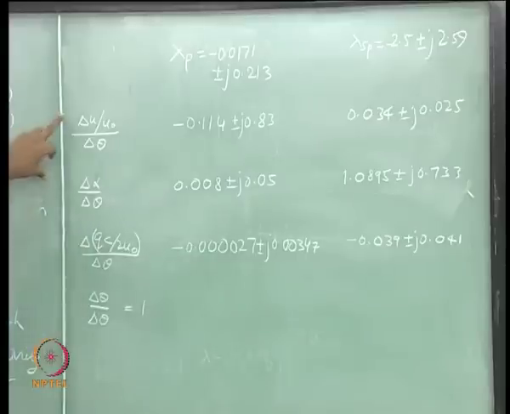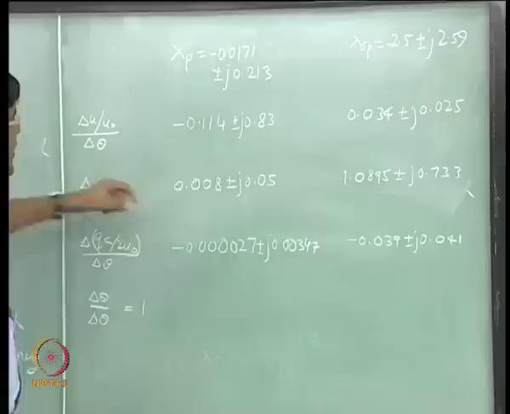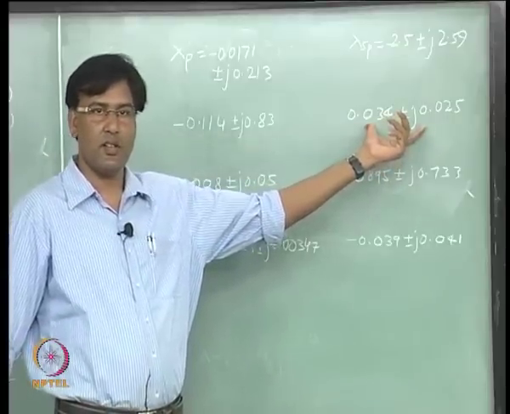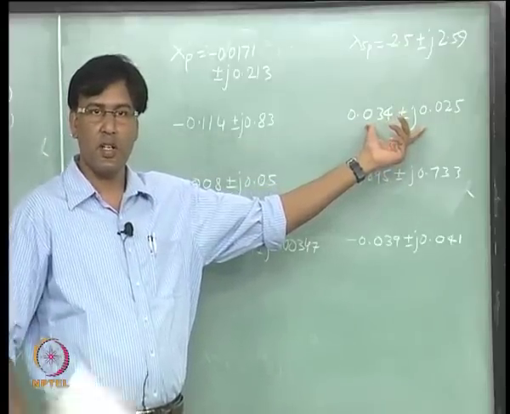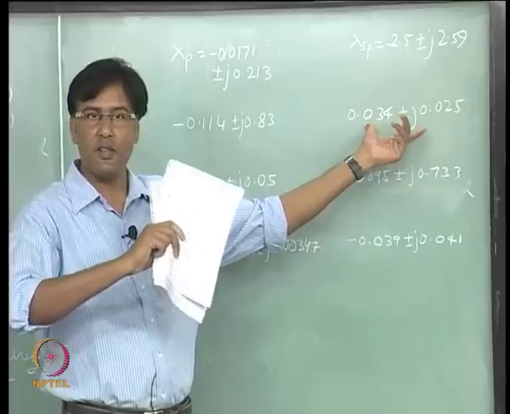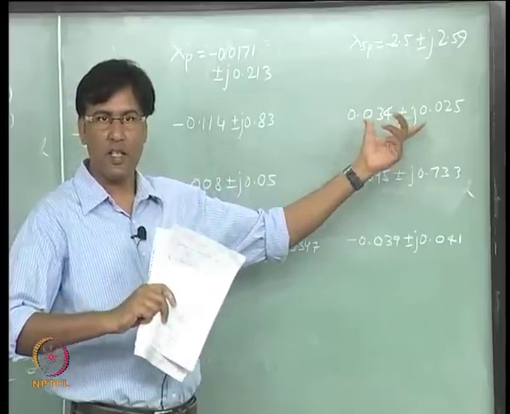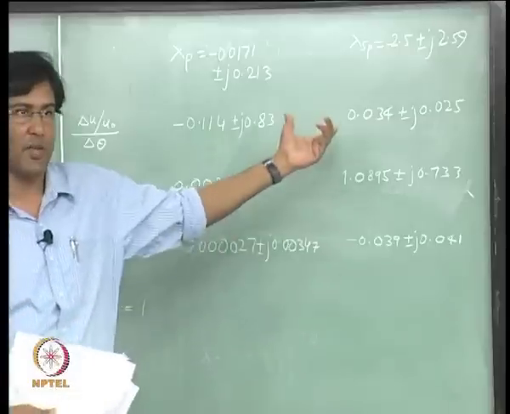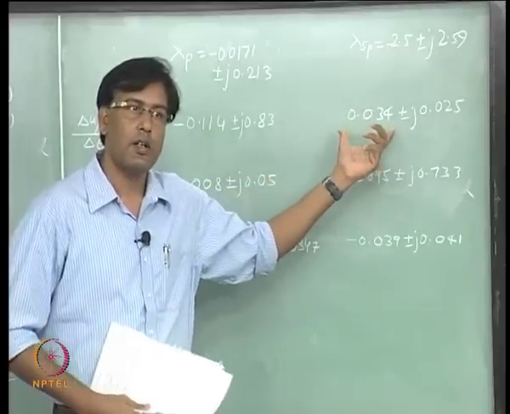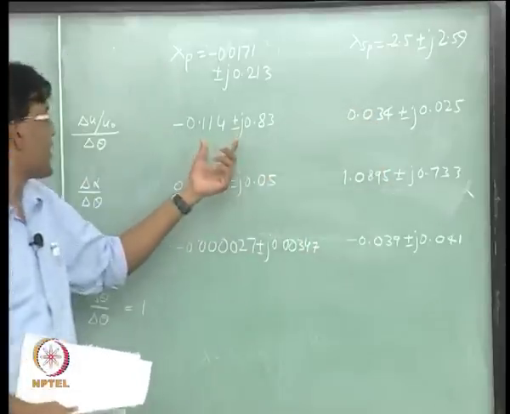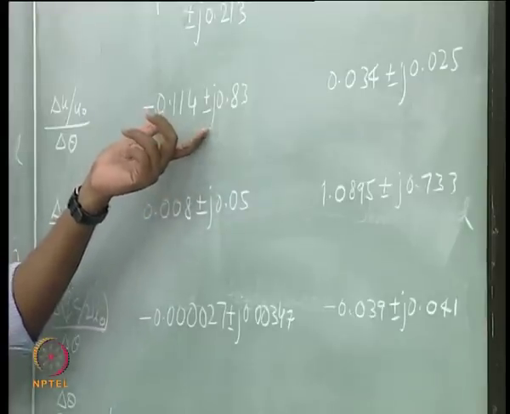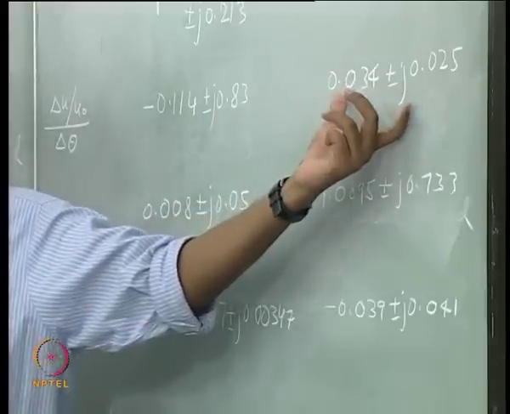You see that the magnitude of this, short period mode corresponding to delta u, is very low, right. Take the magnitude of this number, and look at the magnitude of the other number. This is very large as compared to this.